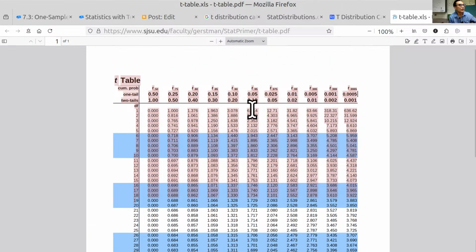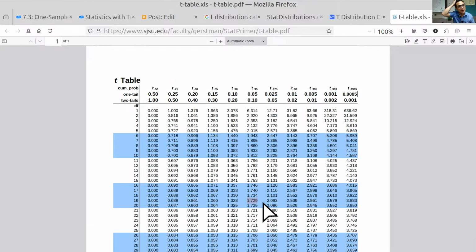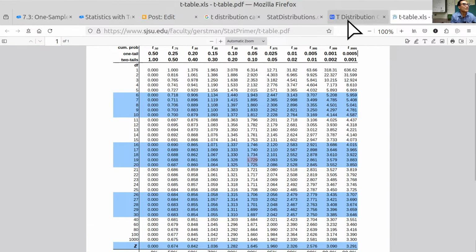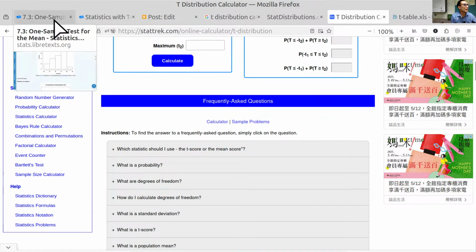For the one-tail 0.05, the t-value is 1.729. If we get a number greater than 1.729, it means it's over the 5%, and the value is very close to the other end.